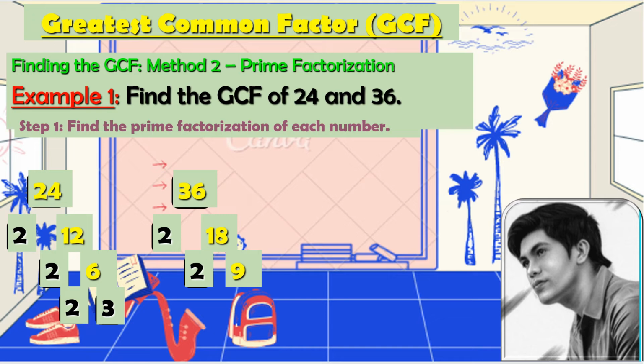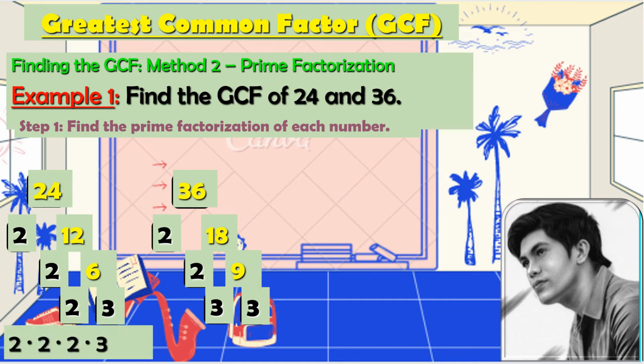Now, for 18, 2 and 9, and 3 times 3. Okay? So, the prime factors of 24 is 2 times 2 times 2 times 3. And for 36 is 2 times 2 times 3 times 3.